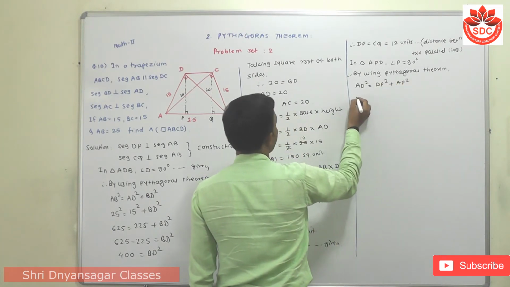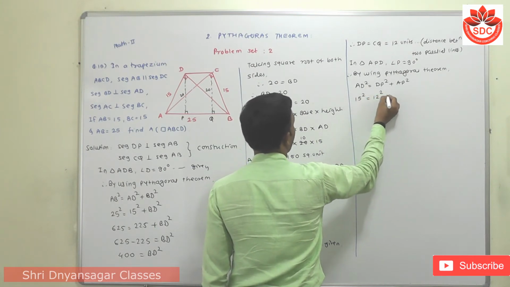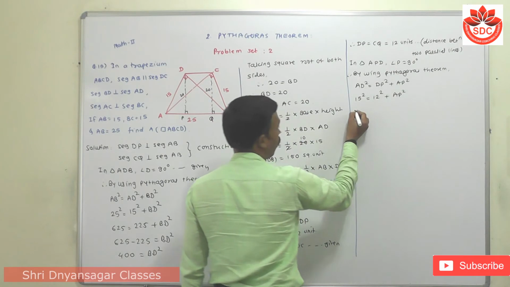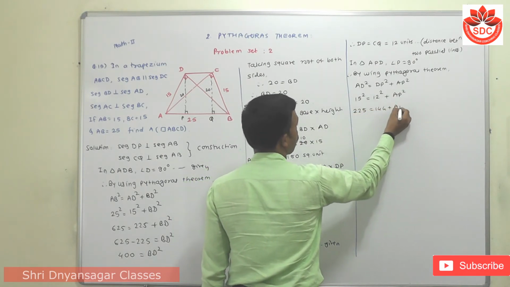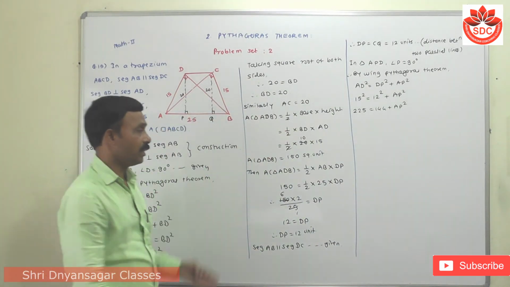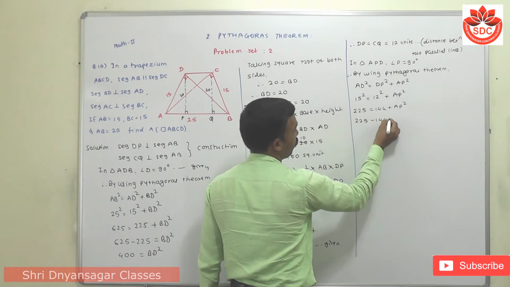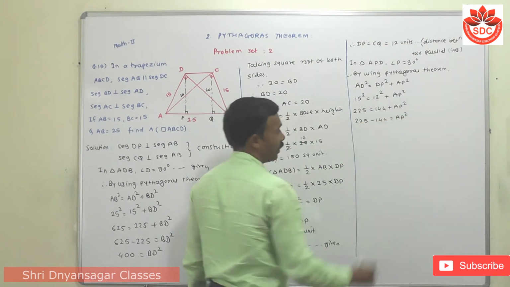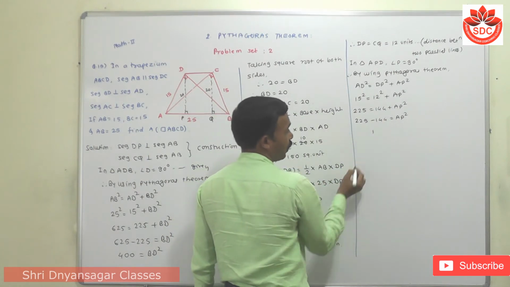Then AD is how much? 15 square is equal to, this is 12 square plus AP square. Square of this is 225, 144 plus AP square. Now transpose to the other side, we get 225 minus 144 is equal to AP square. The subtraction is 5 minus 4 becomes 1.